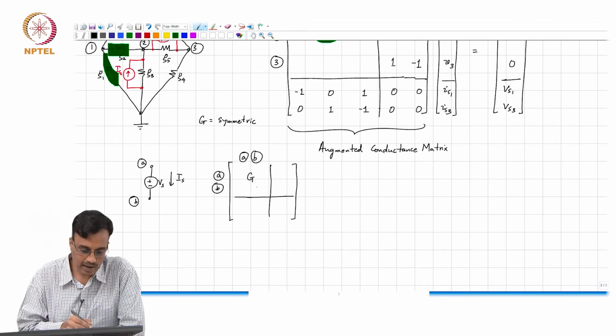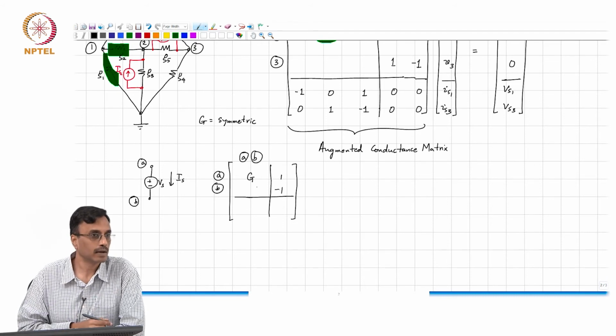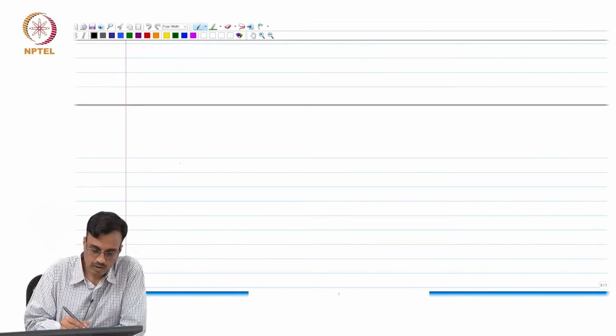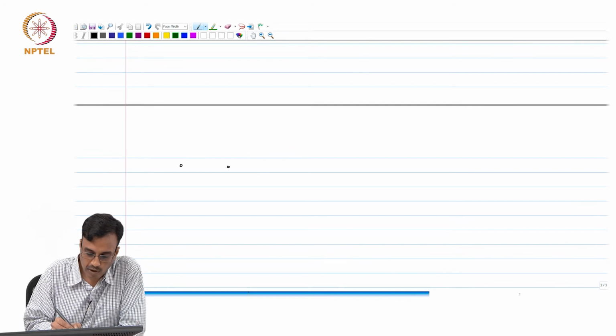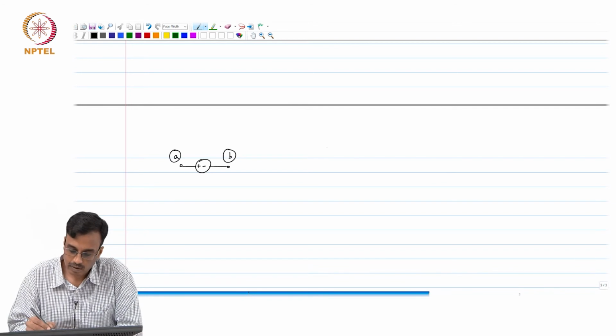Very good. So, basically you must have 1 here and minus 1 here. In the a-th row you put a 1 and in the b-th row you put a minus 1, and likewise, so that the stamp of a voltage source, where we had nodes A and B, is the following.